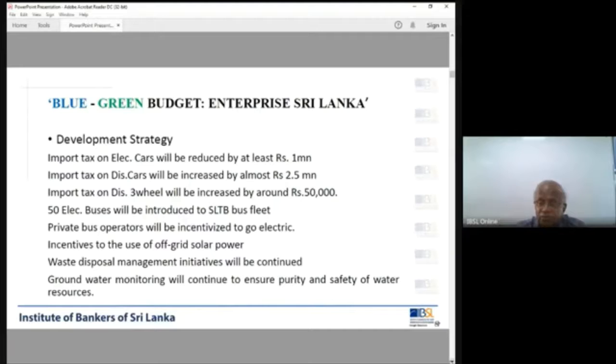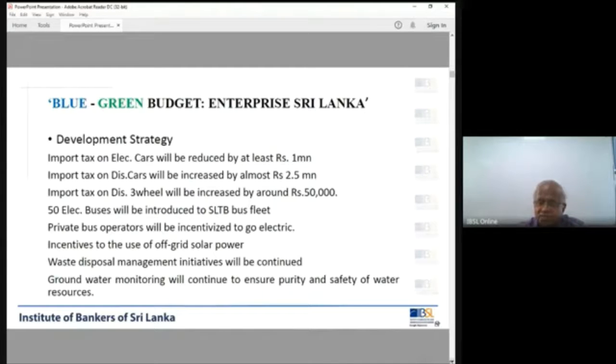So that's why they reduce the electric car import tax. Import tax on diesel cars will increase by almost 2.5 million, to discourage the use of diesel cars. This strategy is consistent with the objective of the government budget at that time, a green, environmentally friendly budget.